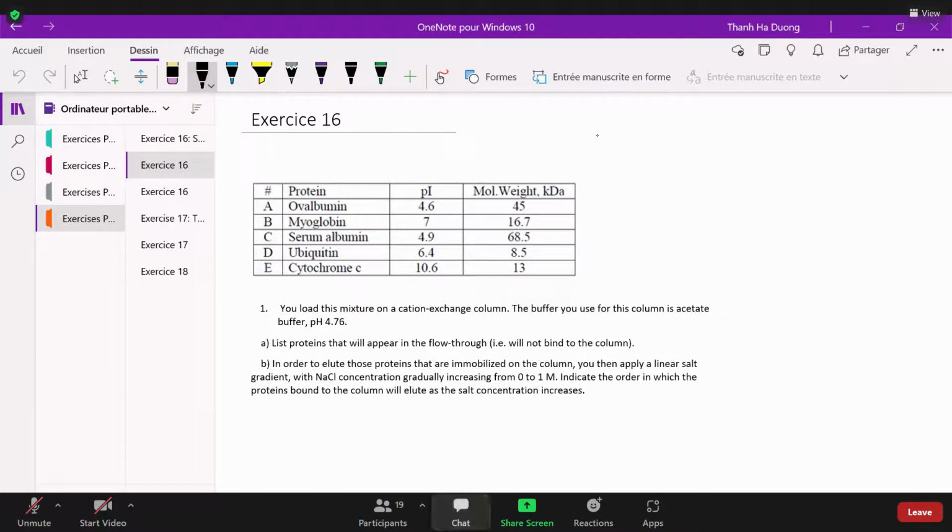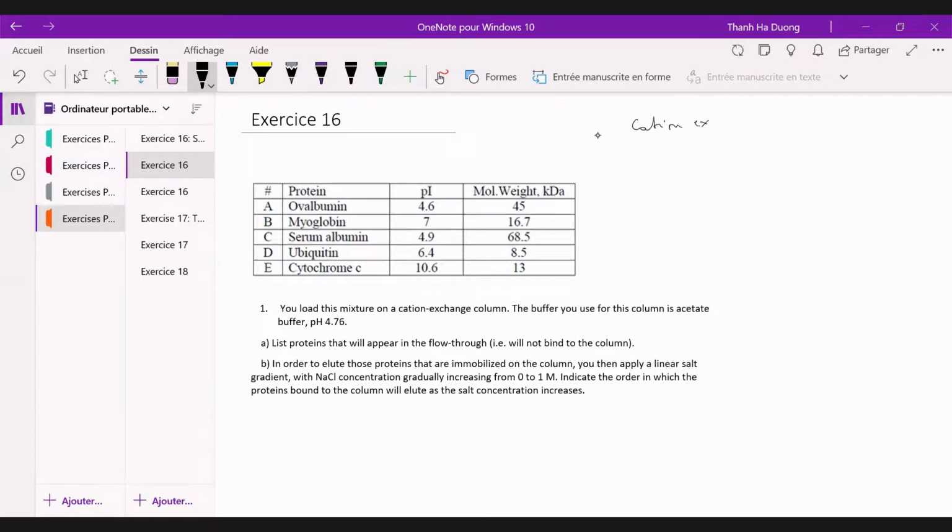Second technique. You load this mixture on the cation exchange column. It means, if you have a cation exchange column, what is the charge of the column? The gel, or the resin, or the beads of the column will be negatively charged.